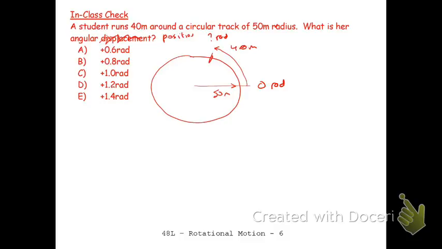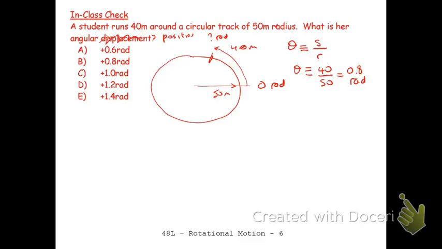We said that the angle was defined as the arc length over the radius. So the angle is 40 over 50, which equals 0.8. 0.8 what? Radians. Now, what are the dimensions of the radian?